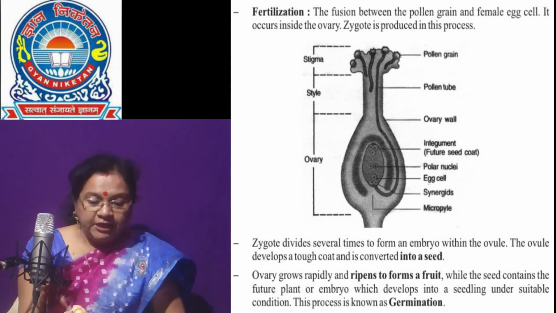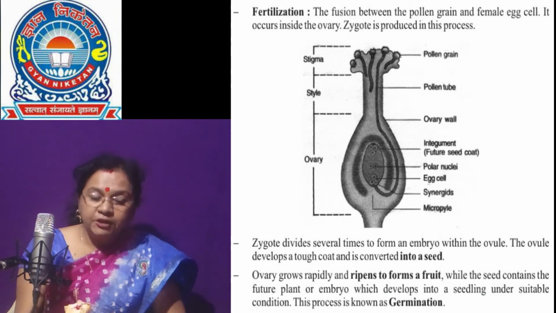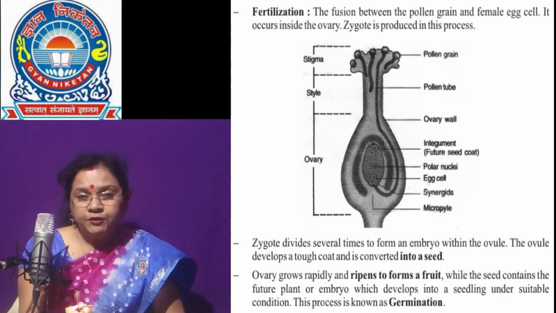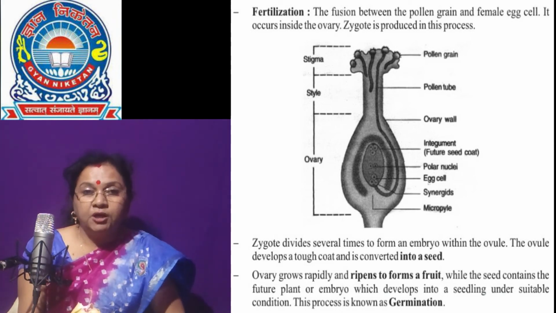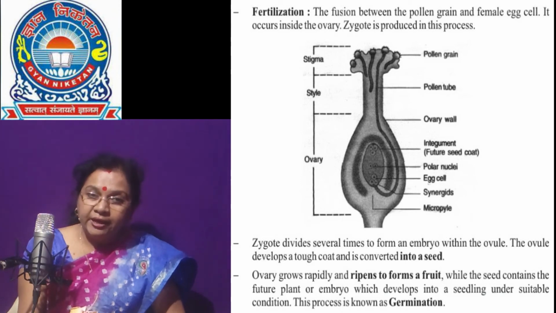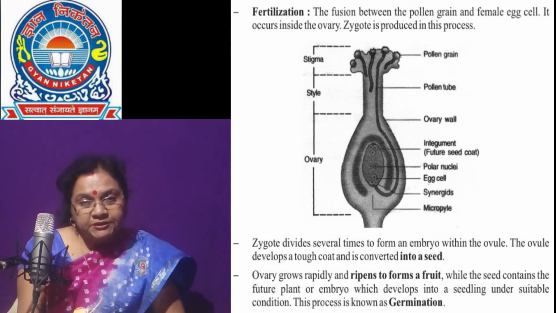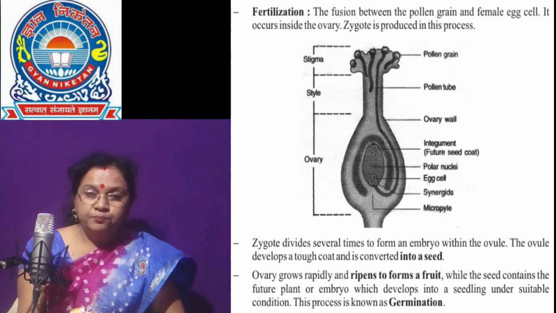Now the post-fertilization changes in the plant. What happens after fertilization? The result of syngamy is the diploid zygote, and this diploid zygote finally develops into the embryo. The ovule develops into the seed, and seeds contain the embryo, which preserves the future baby plant in the form of plumule and radicle.